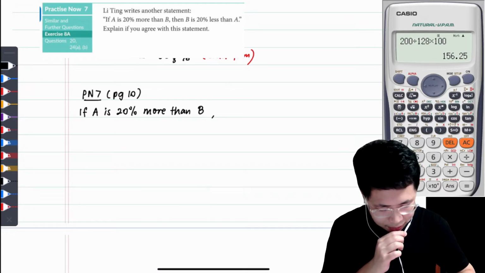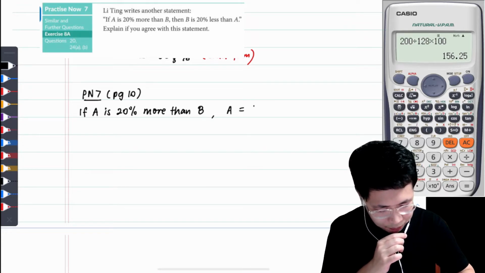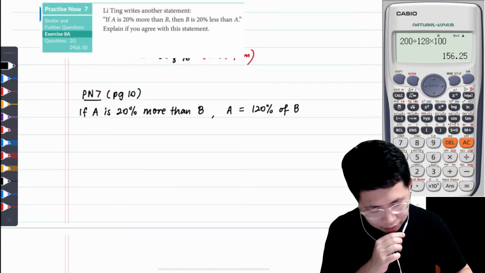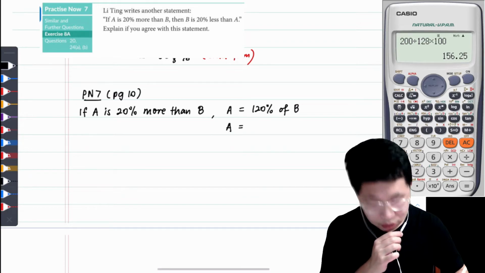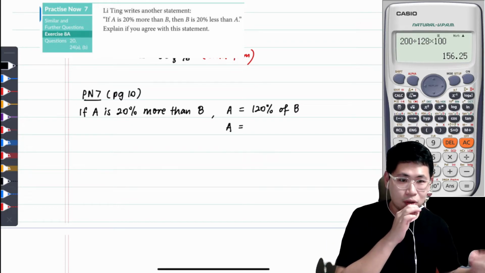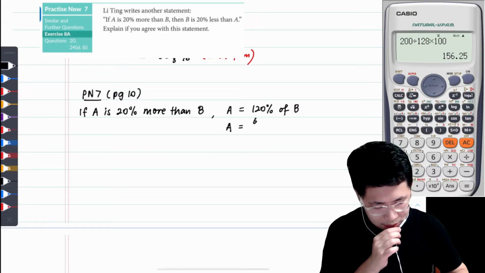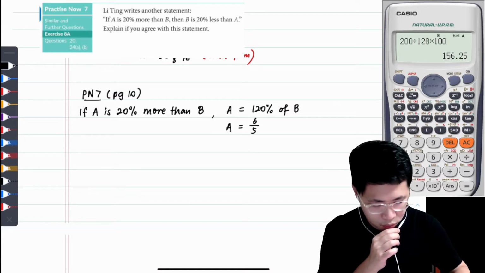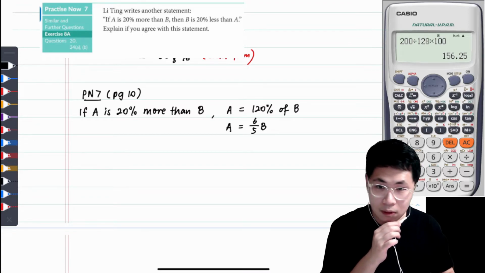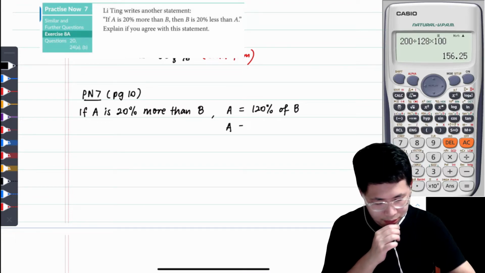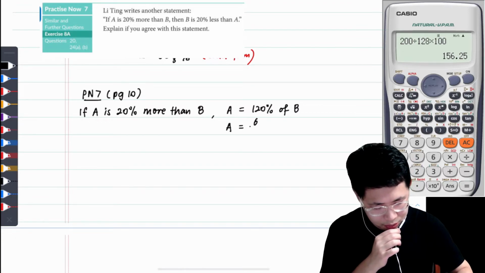So we can write A is 120% of B. Now if we want to write it out as a fraction, to see whether this statement is true or not, 120% is actually 6 over 5 or 1.2 of B. So I will just put 6 over 5 of B.